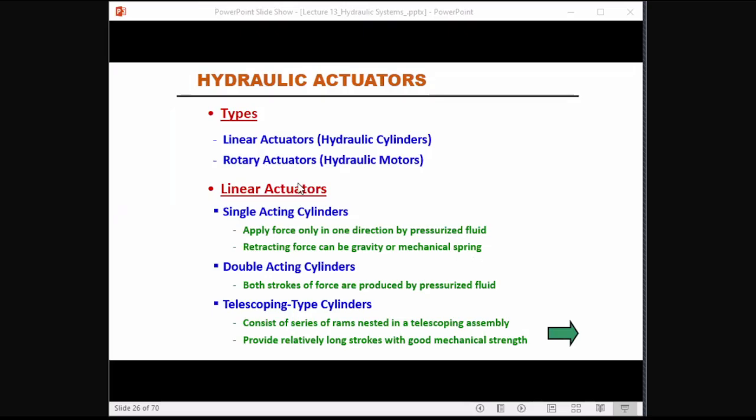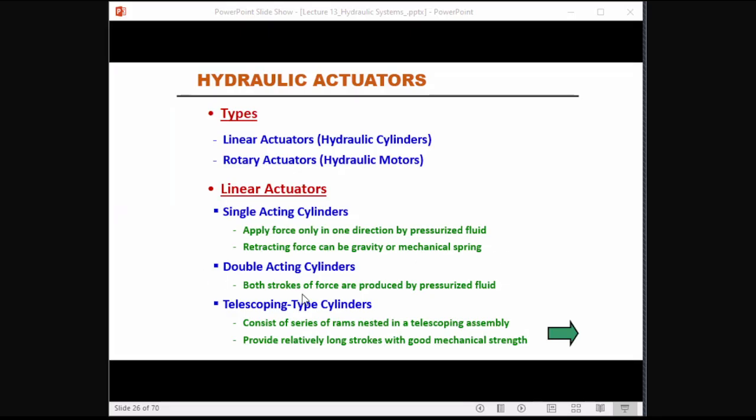Okay, so we can give force only to move forward. We can move our cylinder only in the forward direction. Backward motion will occur due to gravity or a mechanical spring system.